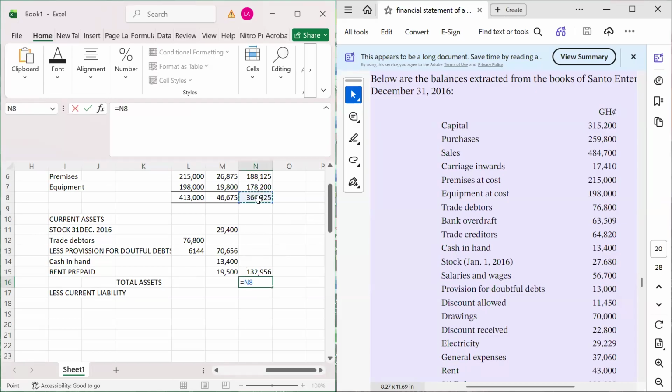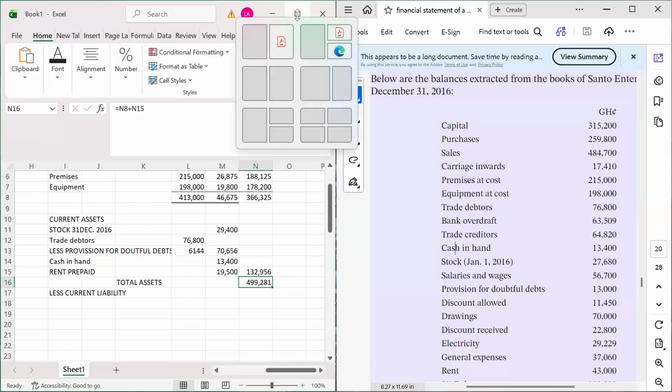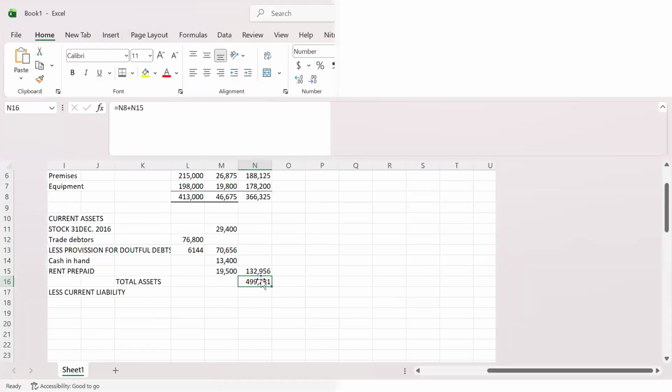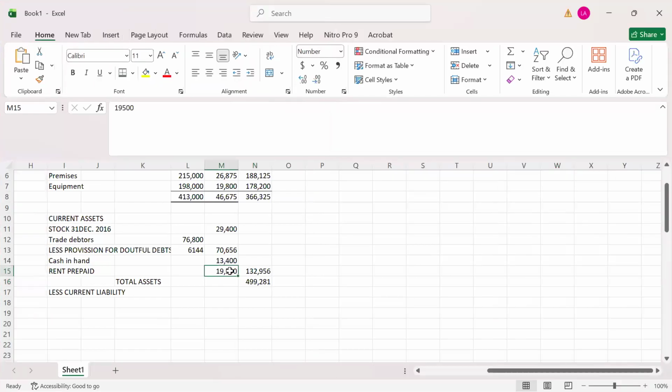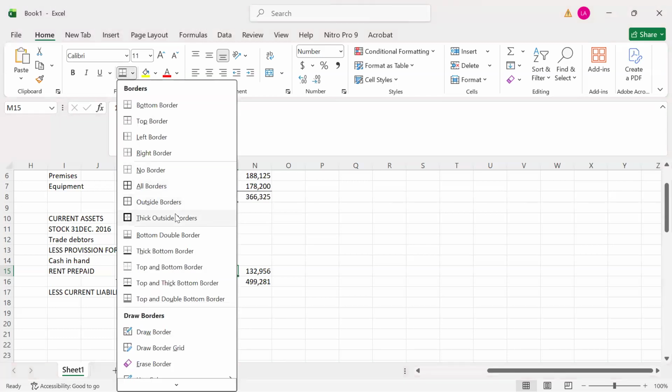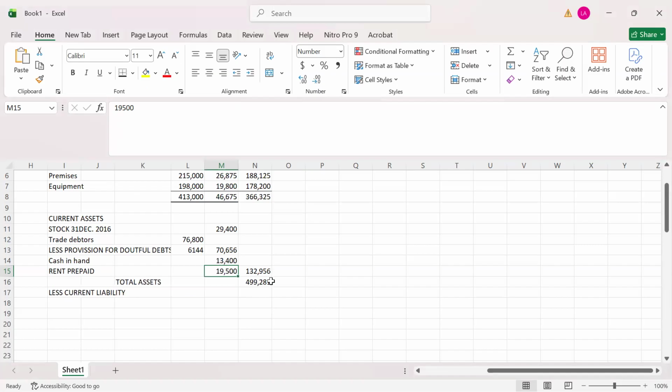This asset plus current asset is the total. If I want to do it, I have to go here again. So this is our total asset. Let me bolden it for you.